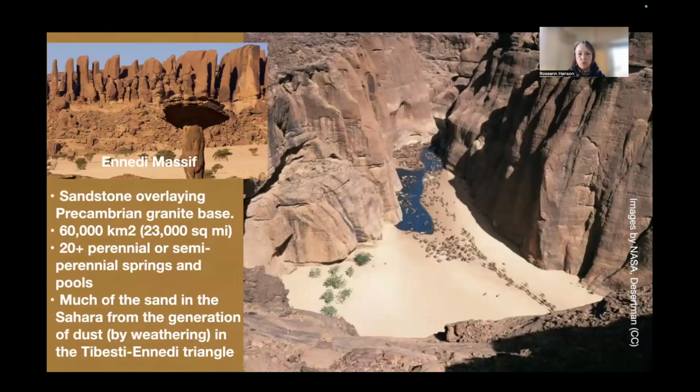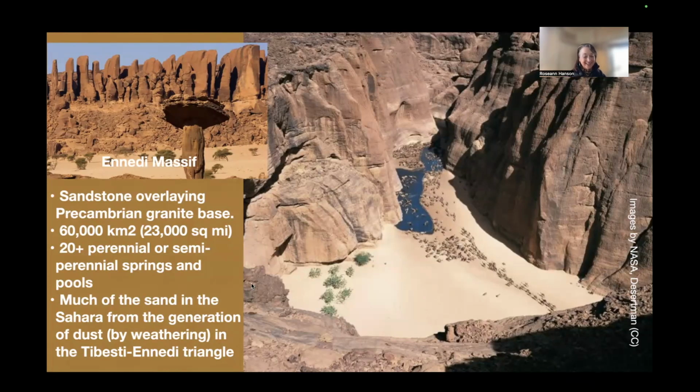This is an enormous Precambrian granite rock formation that's overlain by sandstone. It's massive, 23,000 square miles, but it also has perennial and semi-perennial springs and pools. You can see one here. Those are camels coming in to drink at one of those pools.